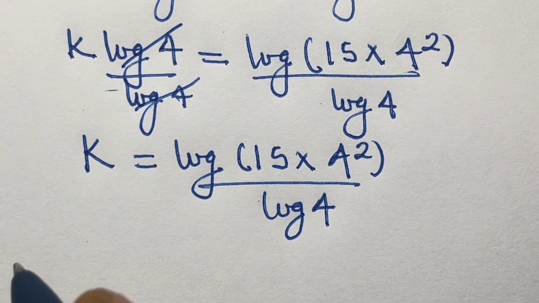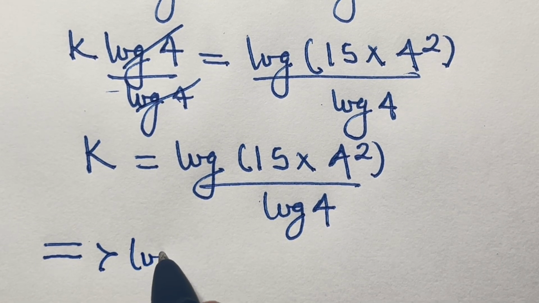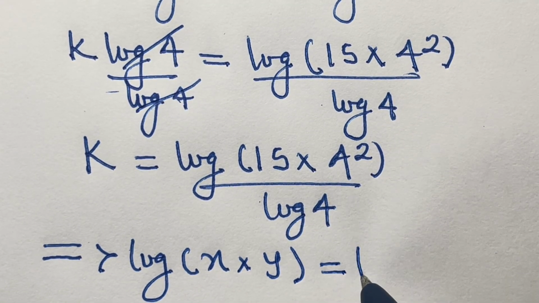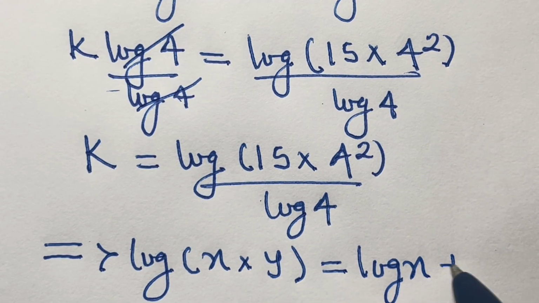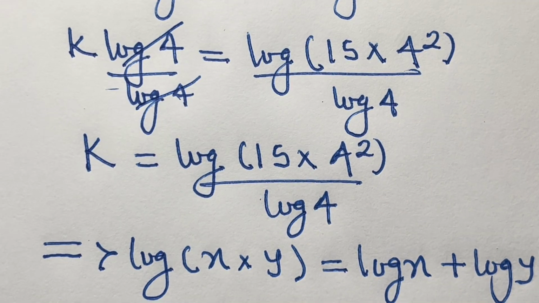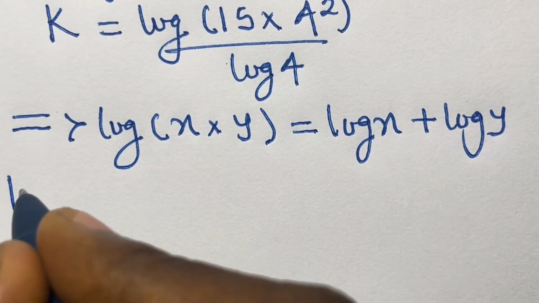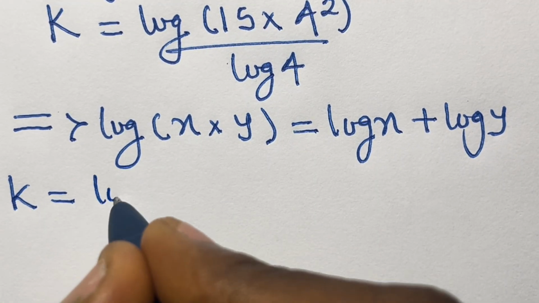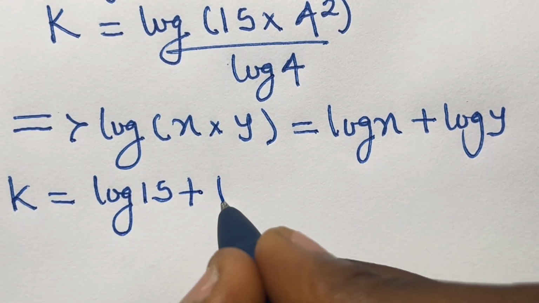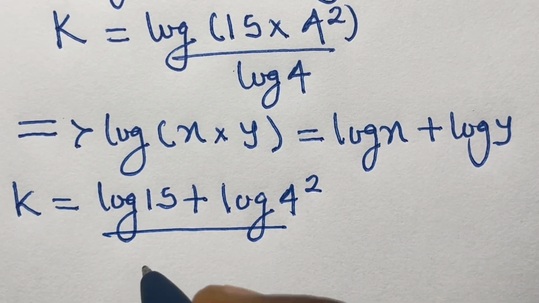Right? So let's recall that if you have log x times y, this equals, from the law of logarithm, log x plus log y. So applying this to the numerator here, we will have k equals log 15 plus log 4 raised to power 2, divided by log 4.